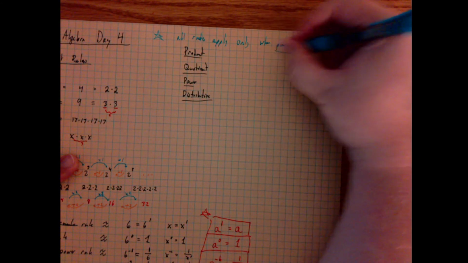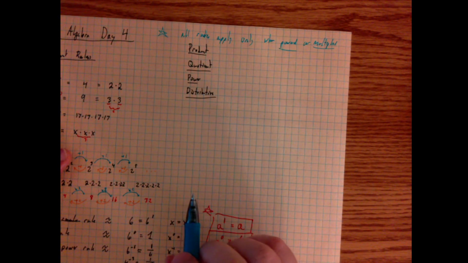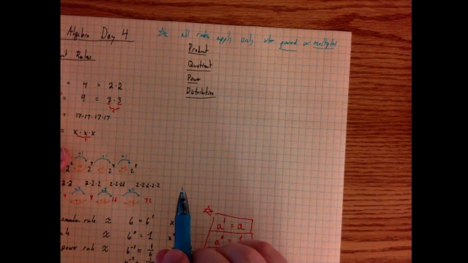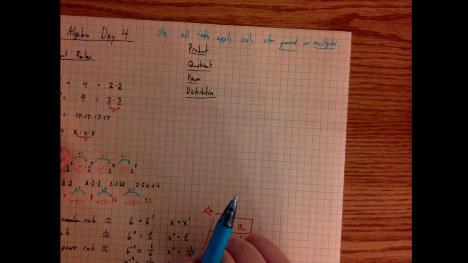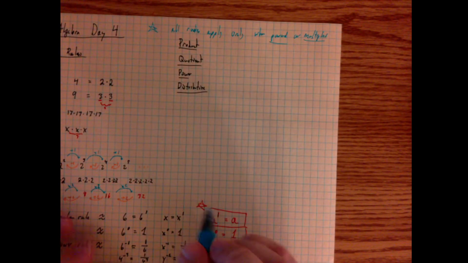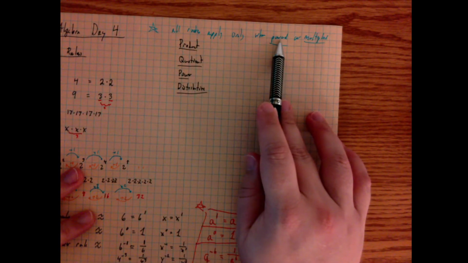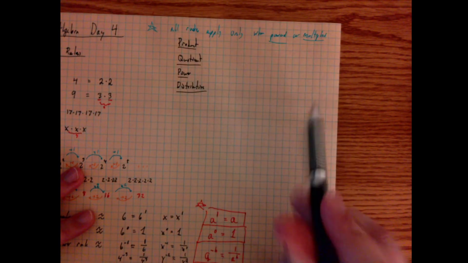If you see an example that has a plus sign in between two terms, you cannot apply these rules. We'll look at what that looks like in a little bit, but for now, that's where I'm going to leave it. If you see addition or subtraction in any of your homework, which you won't, but in the future, these rules do not apply at this time. These rules can only apply if you have a power to be considered or something being multiplied to be considered.